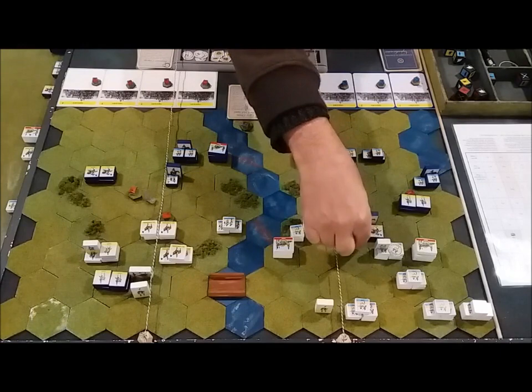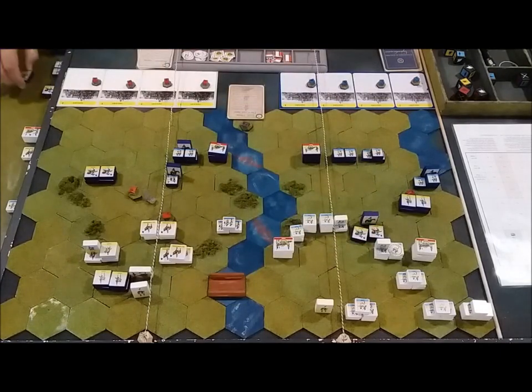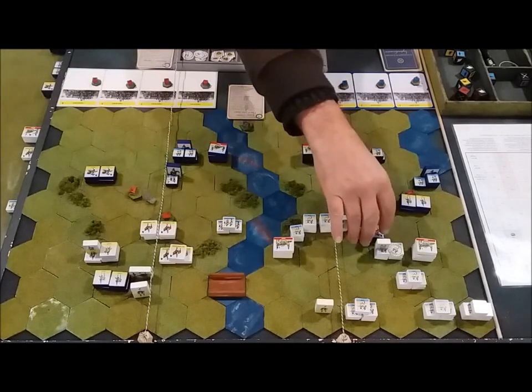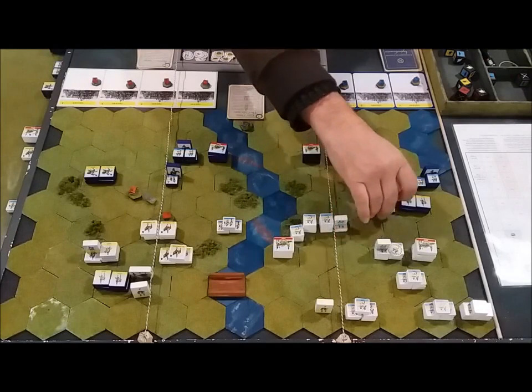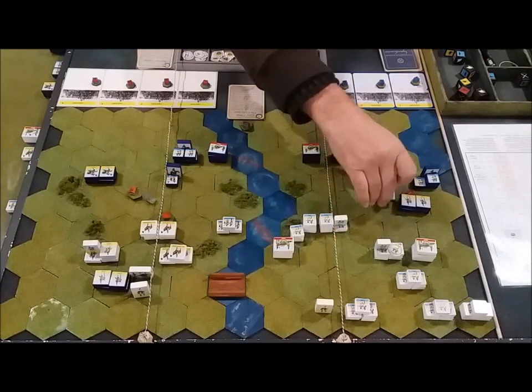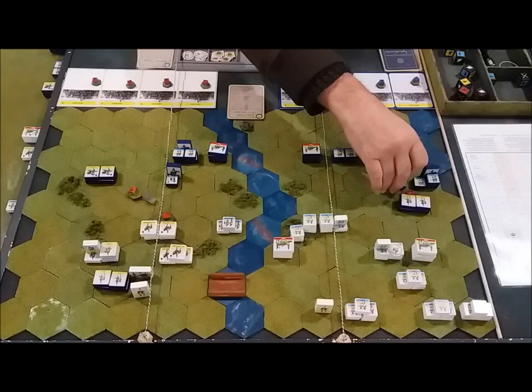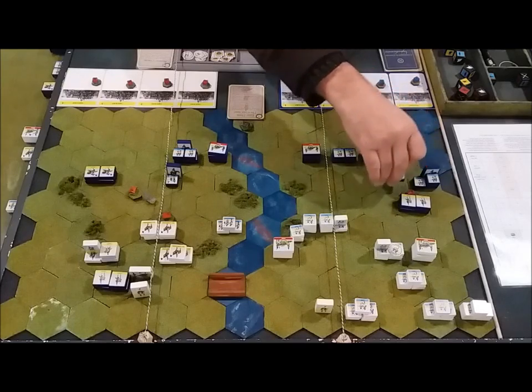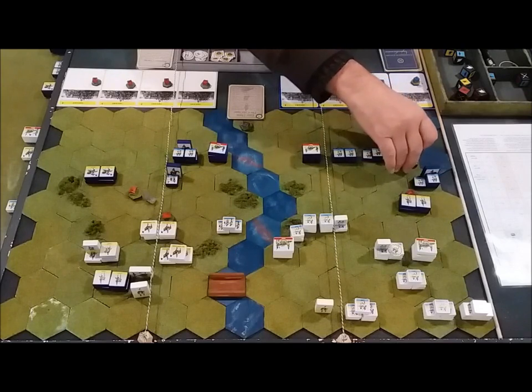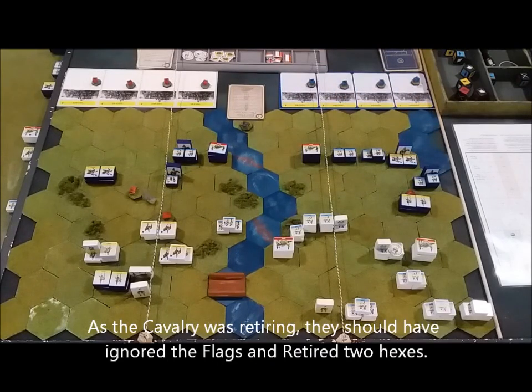So we get 1 and 3 retreats, so we have to take at least 2. And we go 1, 2, and we'll take the 3rd. No, we won't. Yes, we will. We'll take the 3rd. So his retreats actually went past his reform.